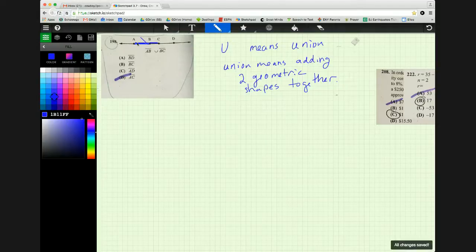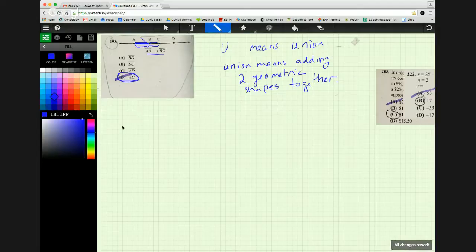If you get this AB and you union it with BC, you get this line that goes from A to C. That's all they're asking here. They're basically trying to figure out if you understand this notation, if you've been introduced to the union notation. So if you take that AB piece and add it to BC, what line do you get? Well, you get a line that goes from A to C. And that's all they're asking here.